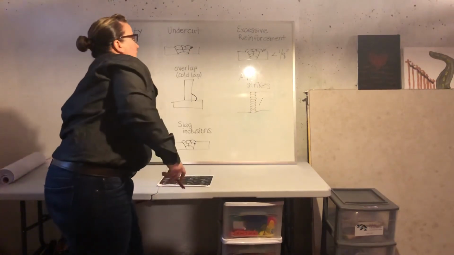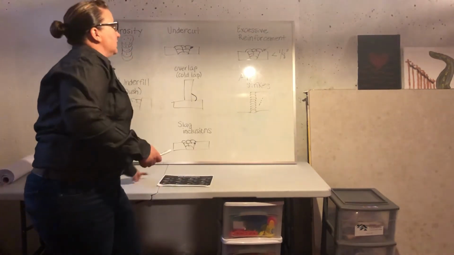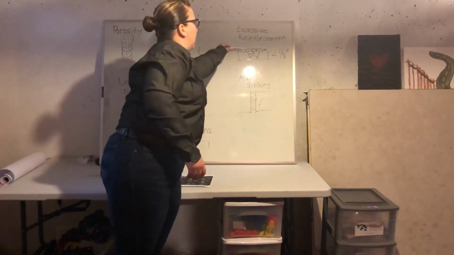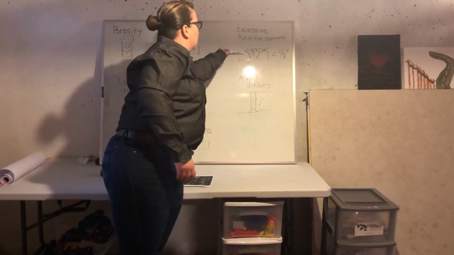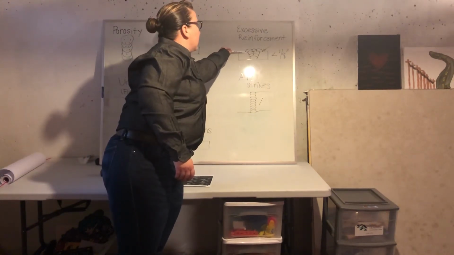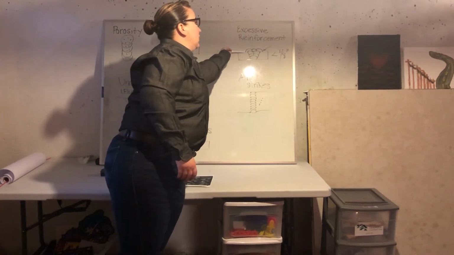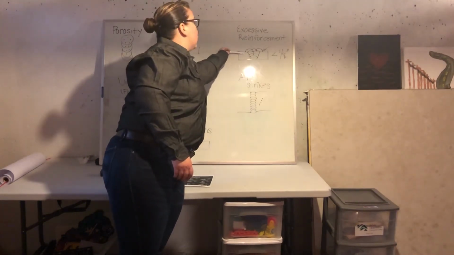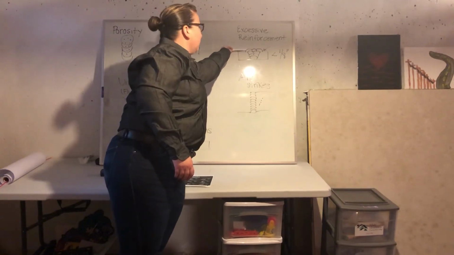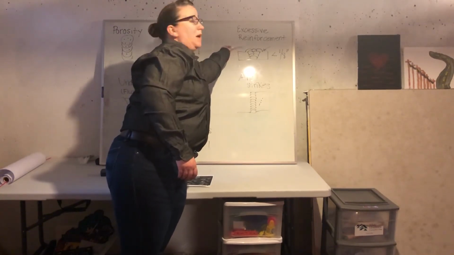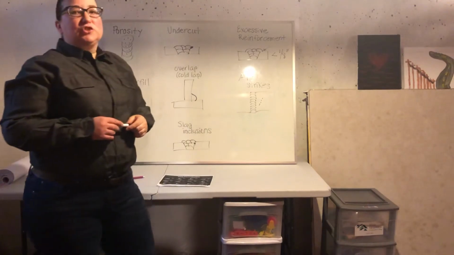Well, our engineers will tell us that the more weld metal I lay down on the top, the bigger an angle I create right here. Anytime we have a large angle, nearing on 90 degrees between this base metal and this weld metal right here, I create a stress point.